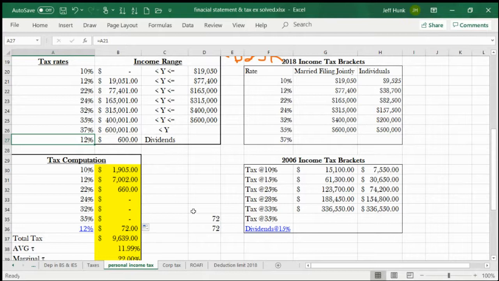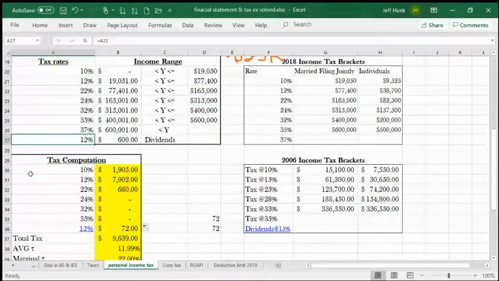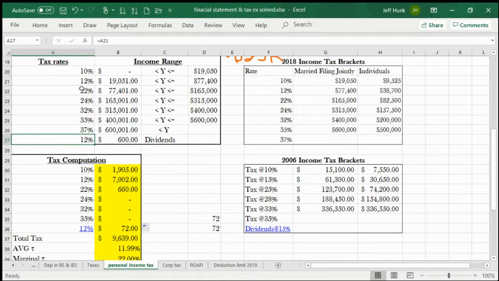So the secretary will be subject to at least the 22% or 24% income bracket. But Warren Buffett's income is almost all investment income, so he's paying at 12%, while his secretary is going through 10%, 12%, 22%, 24%.